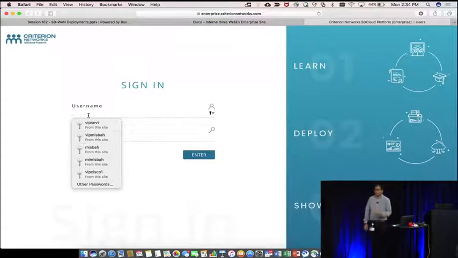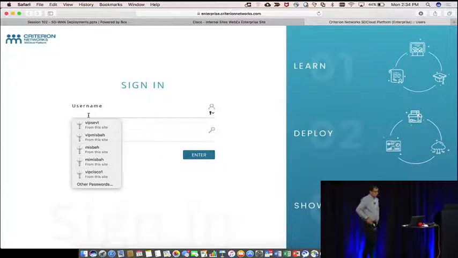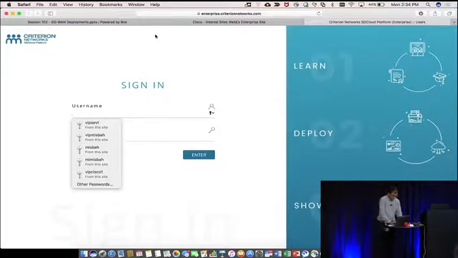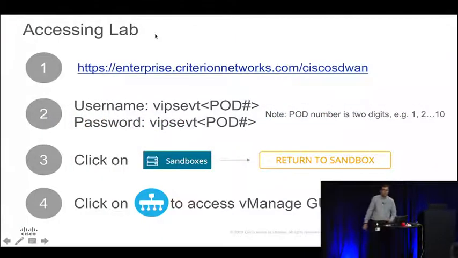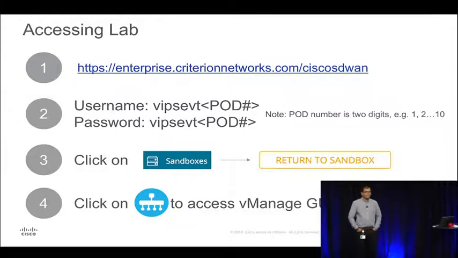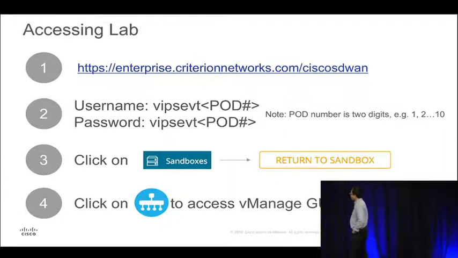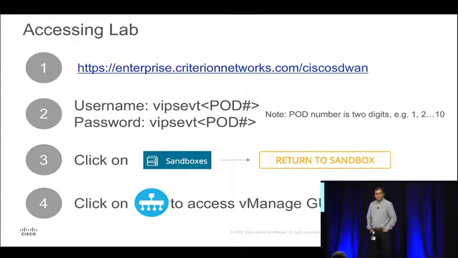So everybody is on the login page? Bug on your slide. It's actually 1 digit except for 10. Pod 1 is pod 0, 1? It's not 0, 1. It's 1, right?